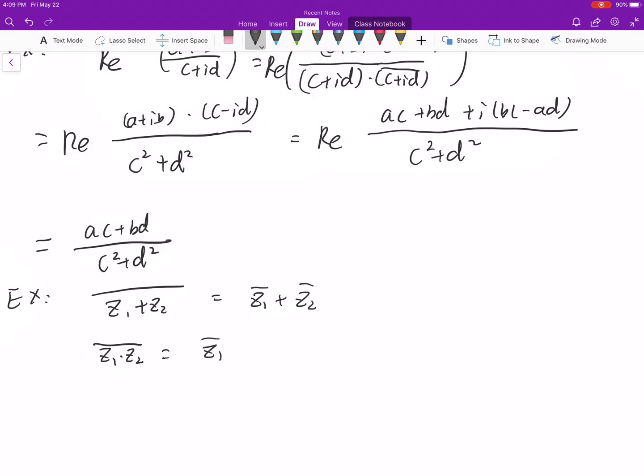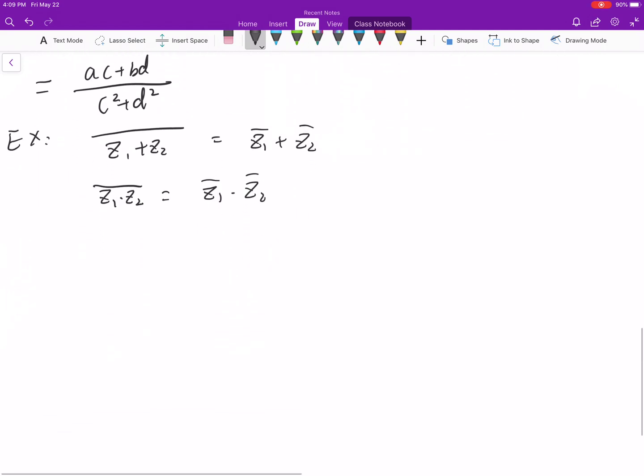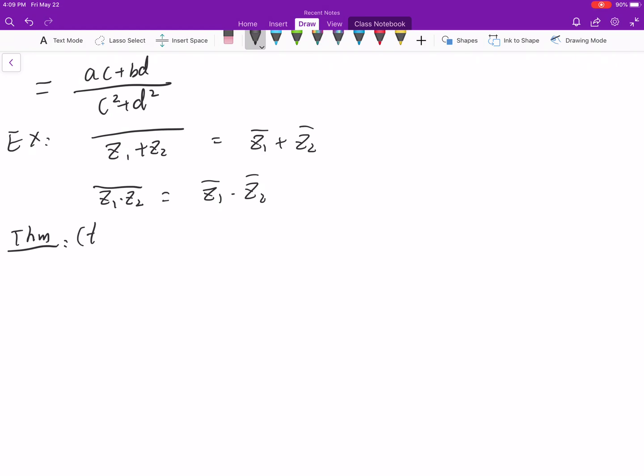This is the same as the product of the complex conjugates. And similar to the Euclidean space R2, we have the triangle inequality.